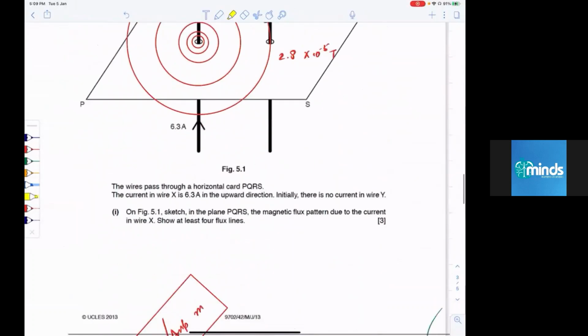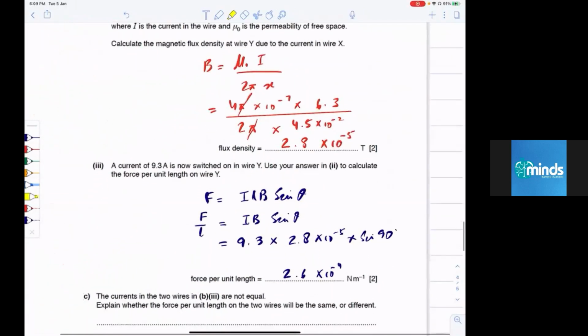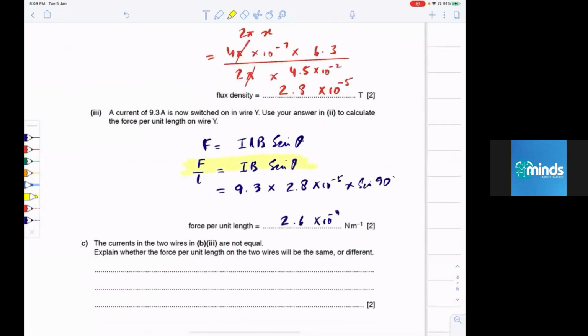But in this question, we can define another definition of 1 Tesla. 1 Tesla is basically the magnetic field of induction which can cause a force of 1 Newton per meter when a current of 1 ampere is passing through the conductor.